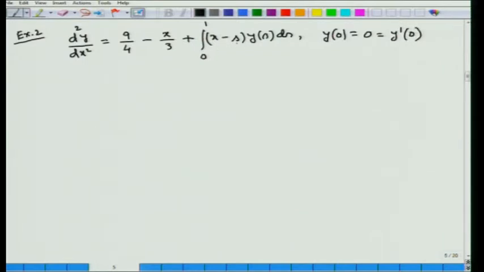So, here we are considering k(x, s) is x minus s. So, this is of the form p1(x) q1(s) plus p2(x) q2(s), and we can write this equation into the form 9 by 4 minus x by 3, then taking x out of the integral sign, it is x integral 0 to 1 y(s) ds minus integral 0 to 1 s y(s) ds.